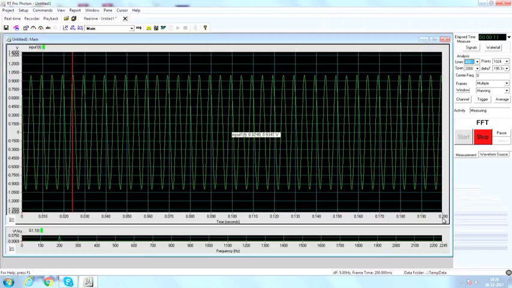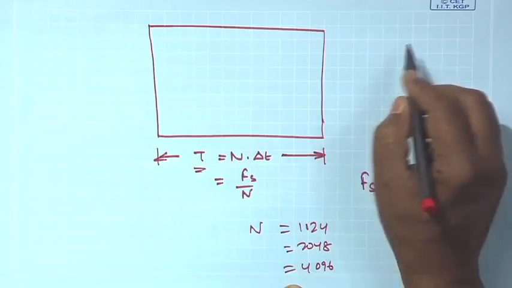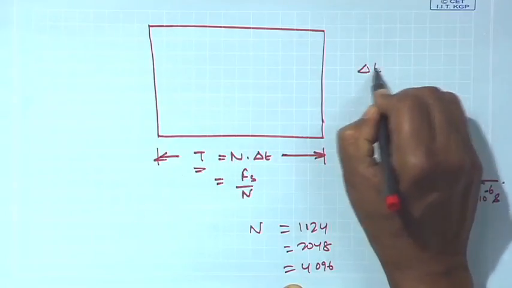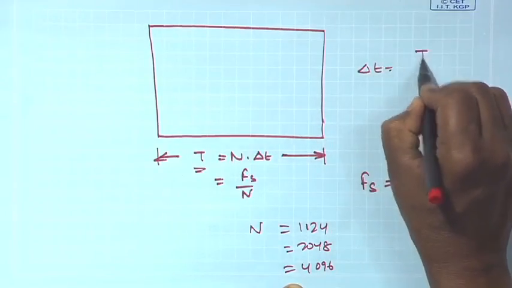So, you can in fact find out delta t in another way also. Delta t is nothing but total time by n.